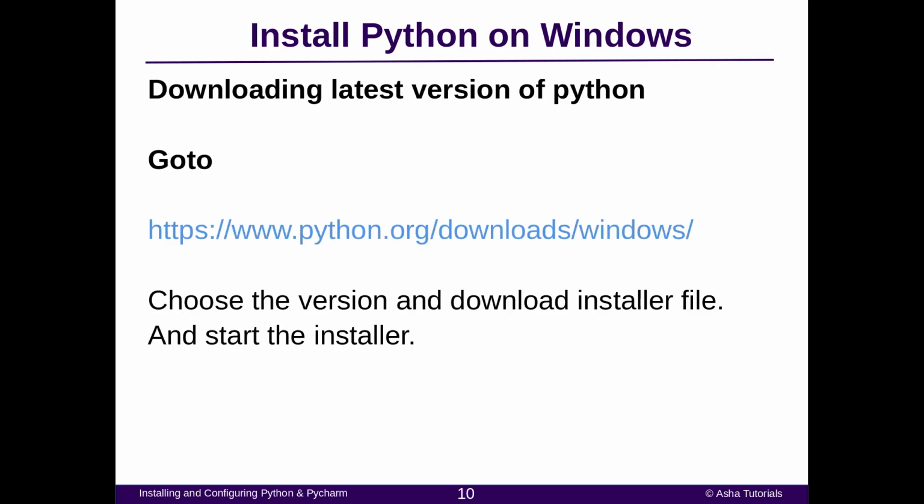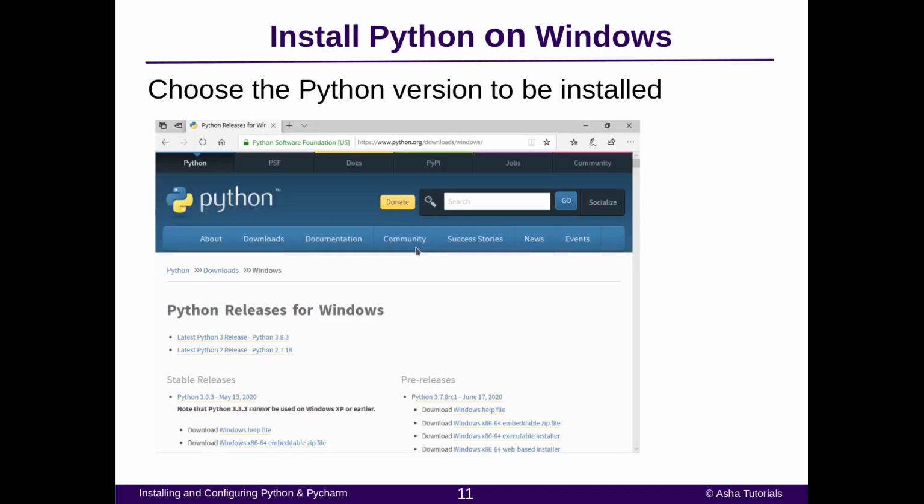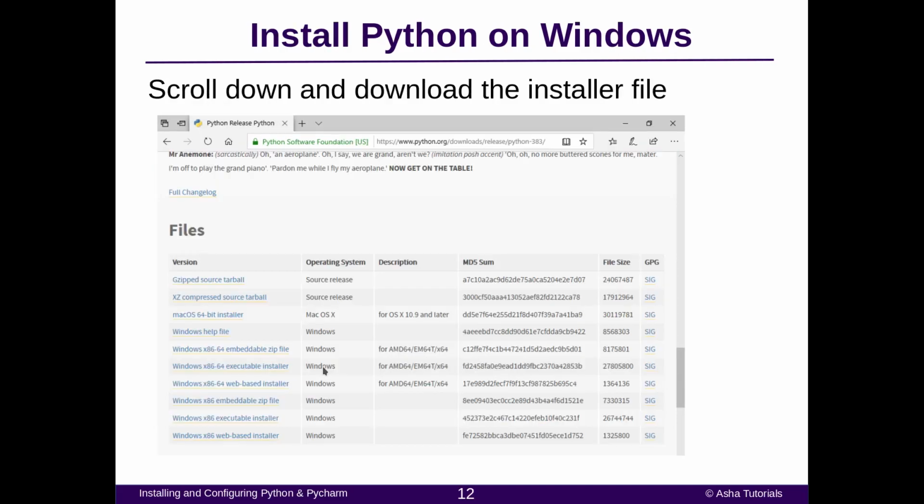Next is installing Python on Windows. Go to this website and it will list all the Python releases which you can download. So select the required Python version, which will redirect you to another page, and if you scroll down that page, it will list the files which are available for download.